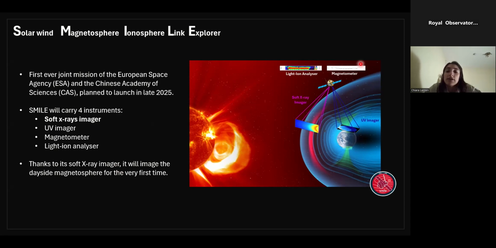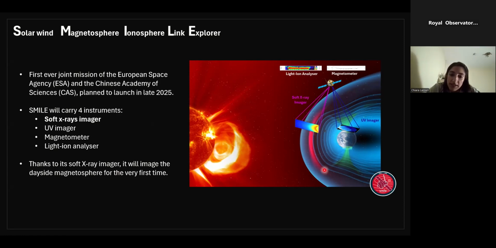It will have magnetometers to study the strength and the direction of the magnetic field, and it will carry 2 imagers. One will be a UV imager, which will take ultraviolet images of the aurora oval, specifically in the northern hemisphere. And the other one will be a soft X-ray imager, which will help us for the very first time to image the dayside magnetosphere.